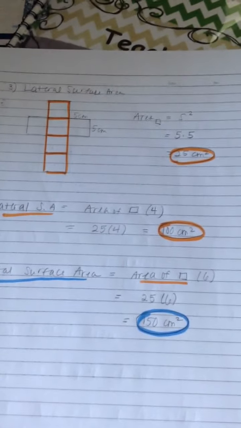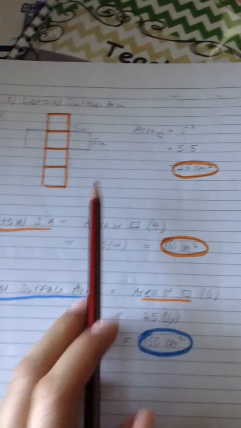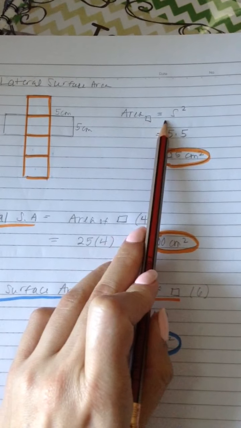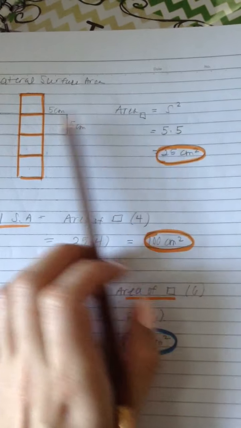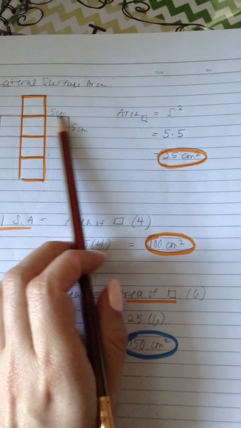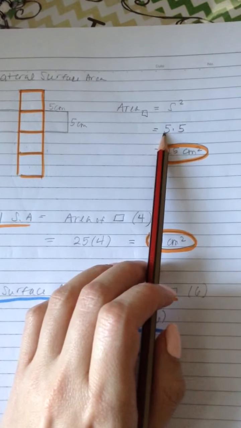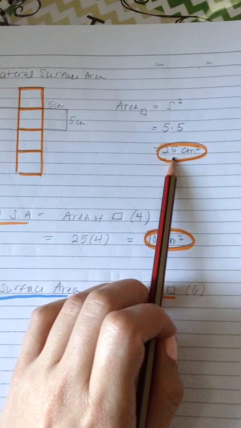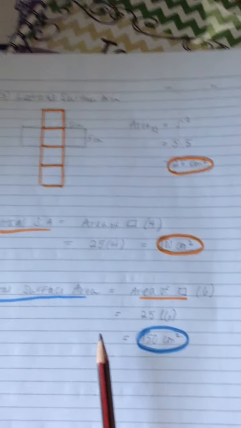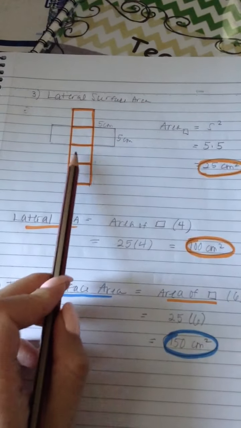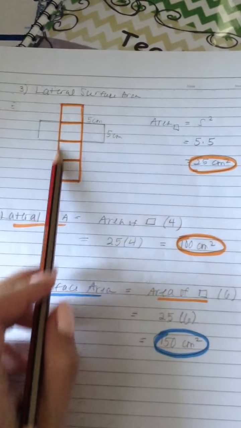So begin by writing your formula. To find the area of a square, we can use the formula side squared, or you can use length times width. Okay, so we know each side is 5 centimeters. Well, what is 5 times 5? 25 centimeters squared. Okay, so we have a total of 1, 2, 3, 4 faces.